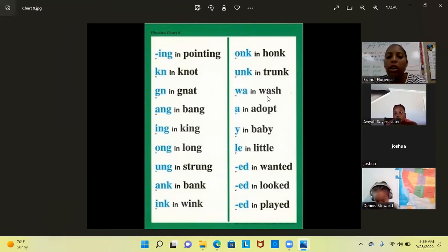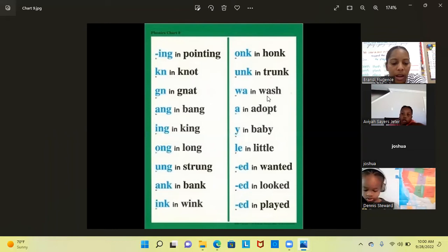ONG says ong, and strong. ANK says ank, and bank. INK says ink, and wink. ONK says onk, and honk. UNK says unk, and trunk.